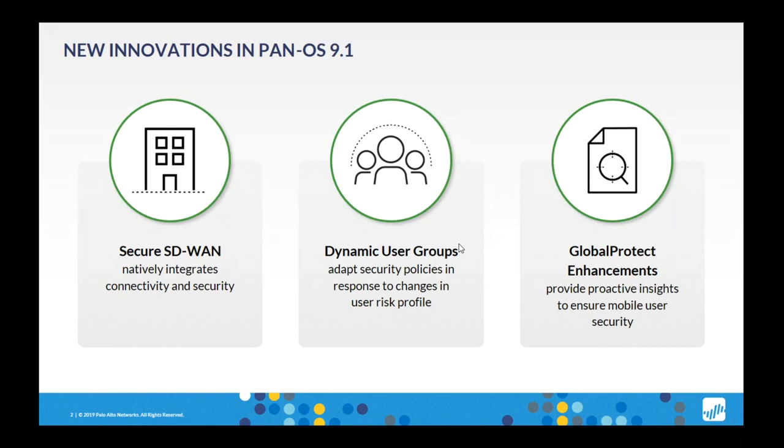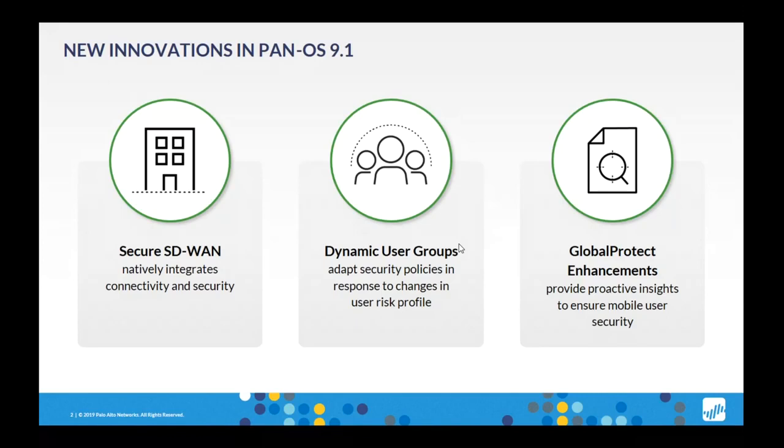Even if a legitimate or authorized user changes his behavior, he would still get the same level of access, because the policy depends upon the user group or user role rather than the user behavior, in Palo Alto firewall or in any firewall. Now that has changed with dynamic user groups. Based upon the user behavior, the Palo Alto firewall will define a varied level of access to that user or group.